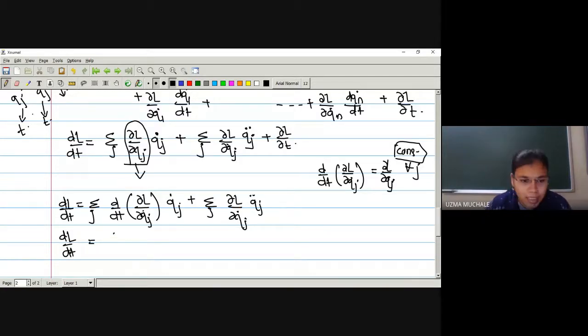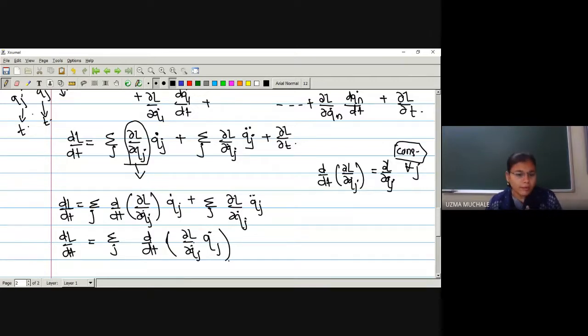We keep summation over j common for both terms. So next I write d by dt of dou L by dou qj dot, into qj dot.